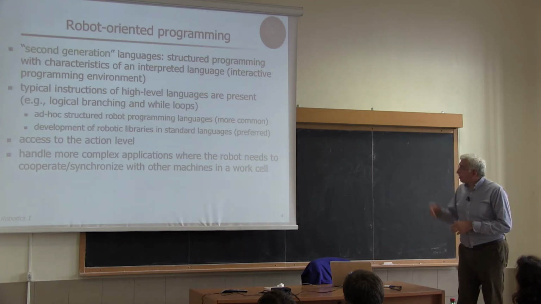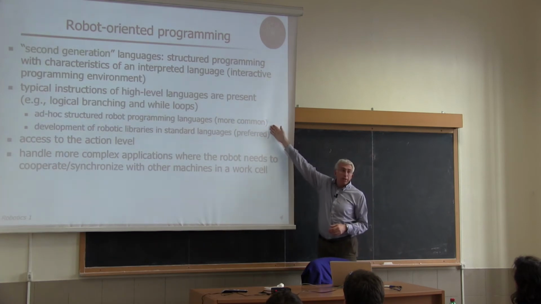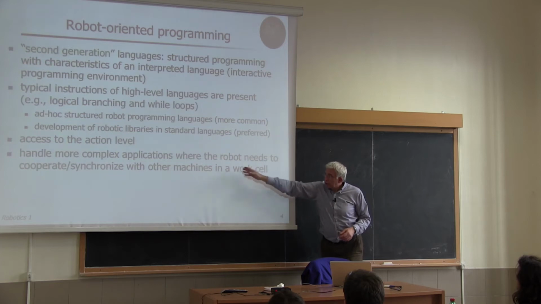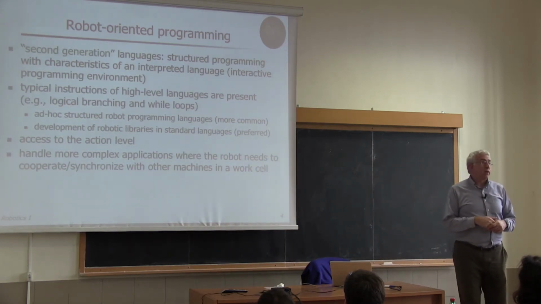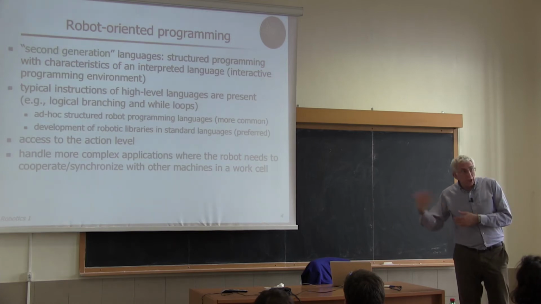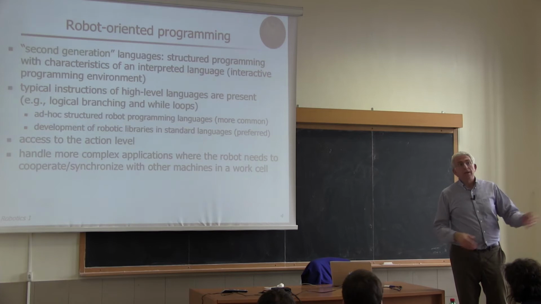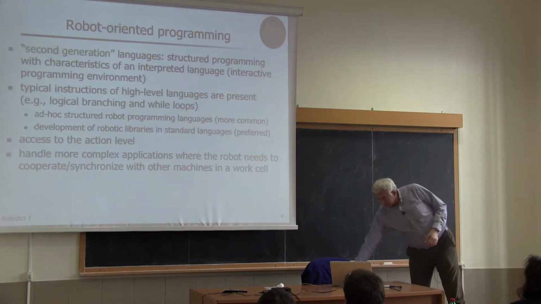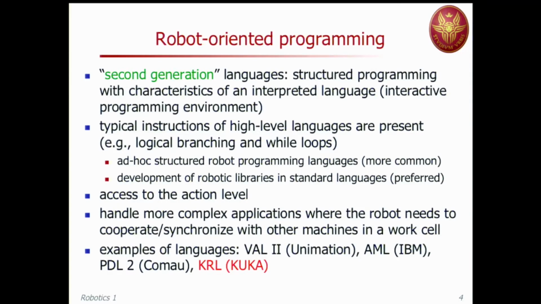And so this type of programming languages for robots have also instruction and way to communicate with the external world, which includes other robots or other devices, machine tools, conveyor belts, and so on. And here there are a huge number of possibilities. Here I just mentioned a few.